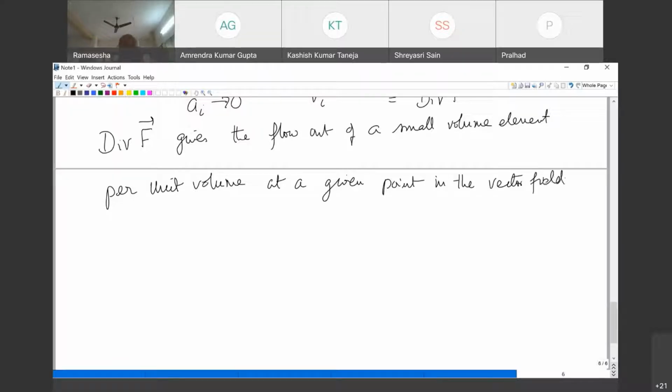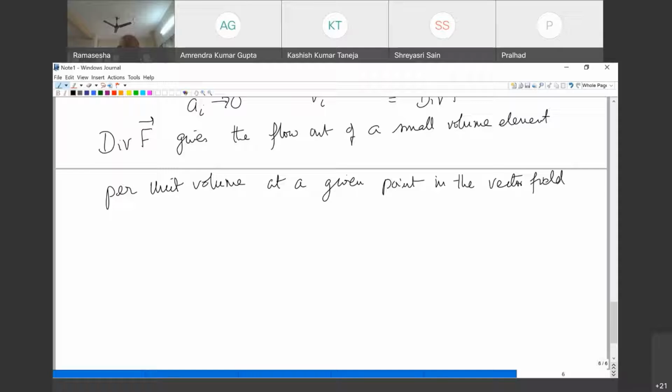So it is like you just put some little sensors inside your river to find out how much water has entered that particular sensor and how much water has left. And then you divide by the volume of the sensor, that is the divergence. So that is the physical meaning of divergence.